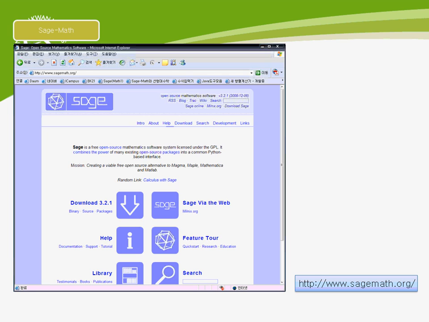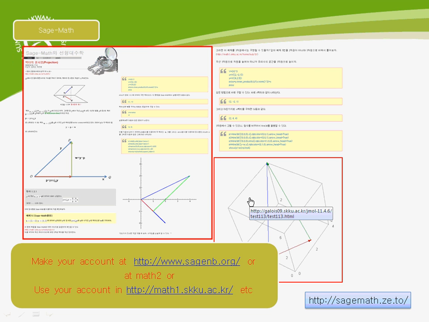Okay. So this is a web address in the United States. Then we were able to make our version of the server at our university in Korean language, so you will be free to use it.